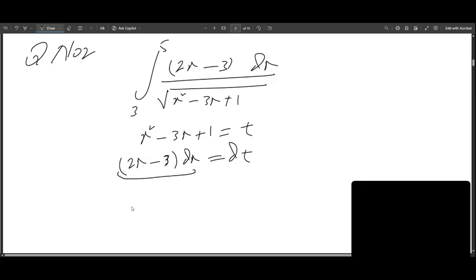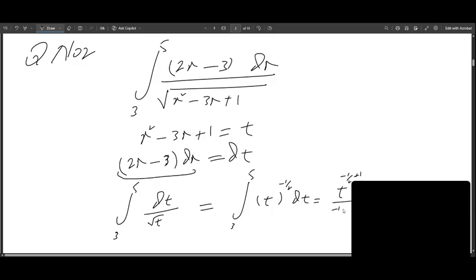So it will be the limit 3 to 5 dt over square root of t, which can be written as 3 to 5 t raised to the power negative 1 by 2 dt, and this can be replaced with t to the power minus 1 by 2 plus 1 over minus 1 by 2 plus 1.